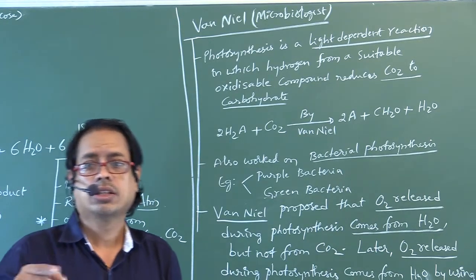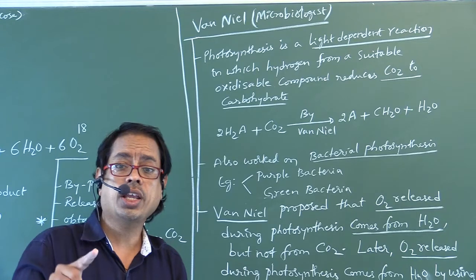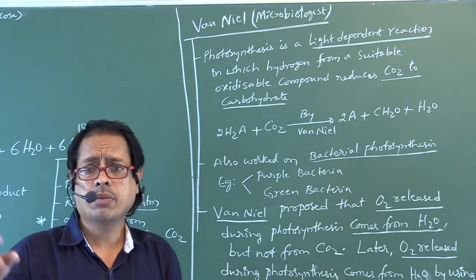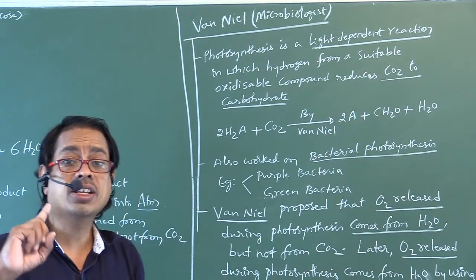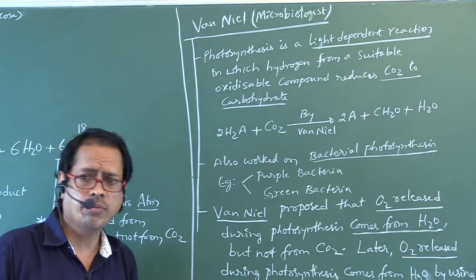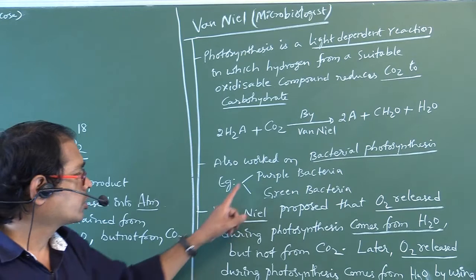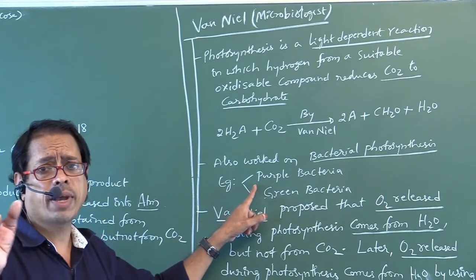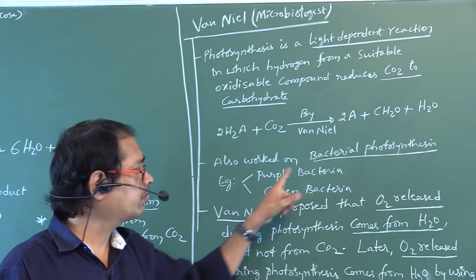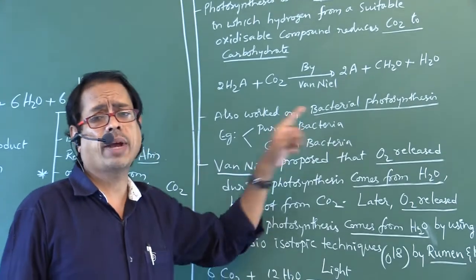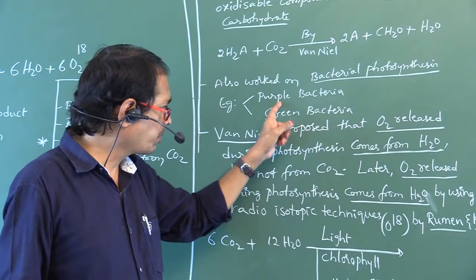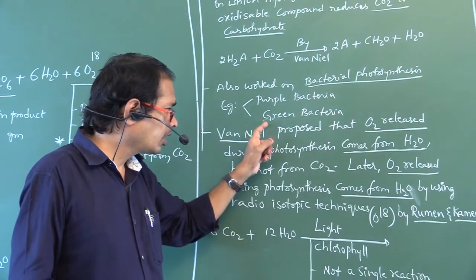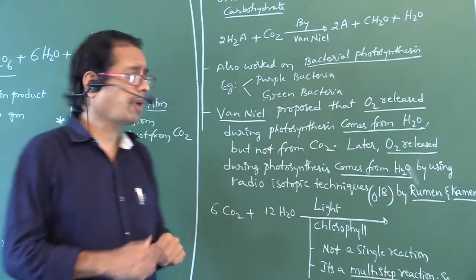Why? Because in plants, the hydrogen donor is water, whereas in bacterial photosynthesis, the hydrogen donor is hydrogen sulfide. That is a very, very important point, my dear students. So the photosynthetic bacteria are green bacteria and purple bacteria, also called purple sulfur and green sulfur photosynthetic bacteria.